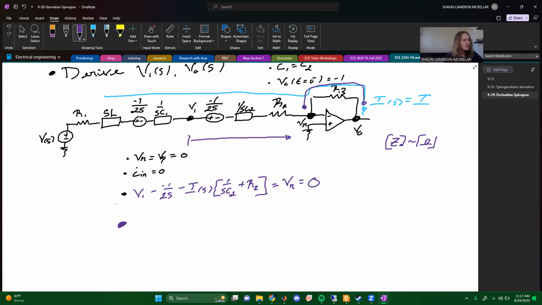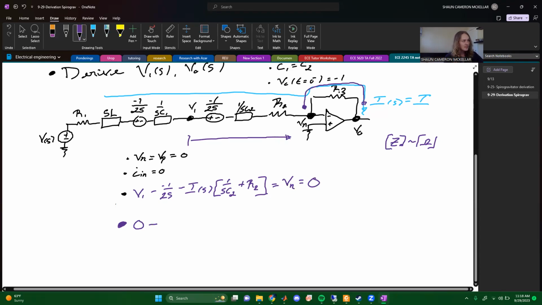So we want to start at 0 volts. That's V sub n. And we're going to drop I of S, the current, times the resistance R3. And that will be equal to V out. There's our second equation. Real easy. Just Ohm's law, really.